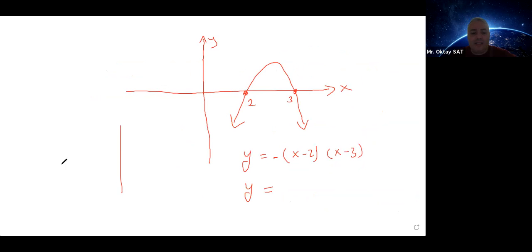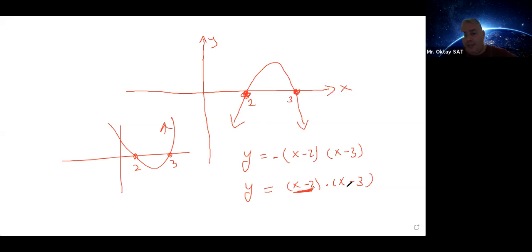If the graph is this, 2, 3, since this is upward, it is only positive. The most important thing, these points: 2 is being x minus 2, 3 is being x minus 3.